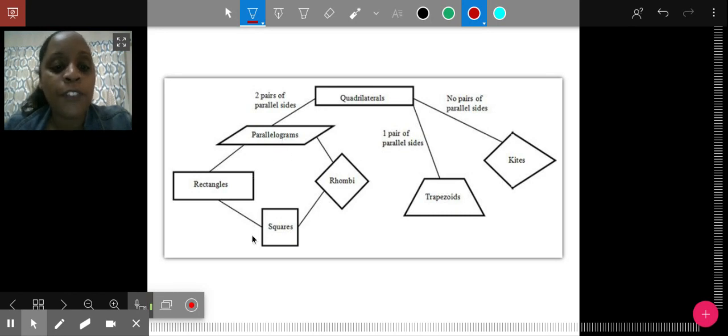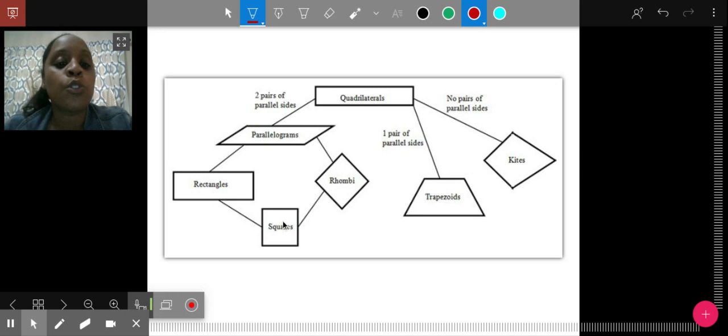And if you notice here, you can see that a rectangle can be considered a parallelogram. A rhombus can be considered a parallelogram, okay? A rectangle and a rhombus, right? Both of these can be considered parallelograms.